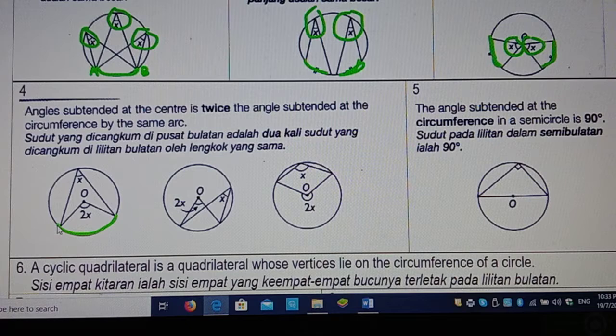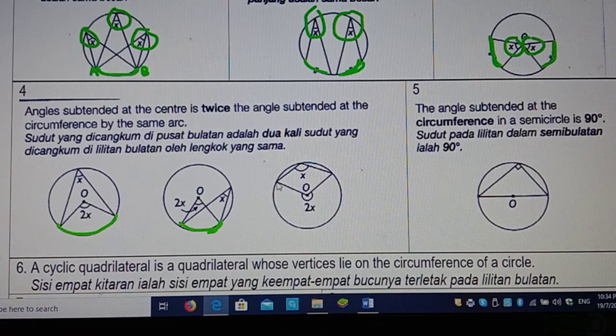Maksudnya begini, kalau dia datang daripada lengkok yang sama, maka sudut pada pusat adalah 2 kali sudut pada lilitan. Or we draw like this. So also coming from the same arc. So central angle is 2 times angle at circumference. So ini daripada lengkok yang sama, so sudut pada pusat 2 kali sudut pada lilitan.